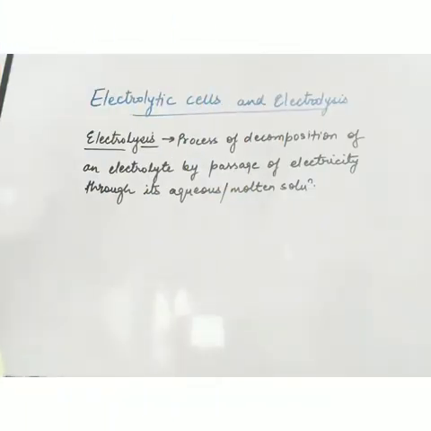Today we are going to start with a new topic, that is electrolytic cells and electrolysis. Now, what is the meaning of electrolysis? It is the process of decomposition of an electrolyte by passage of electricity through its aqueous or molten solution.